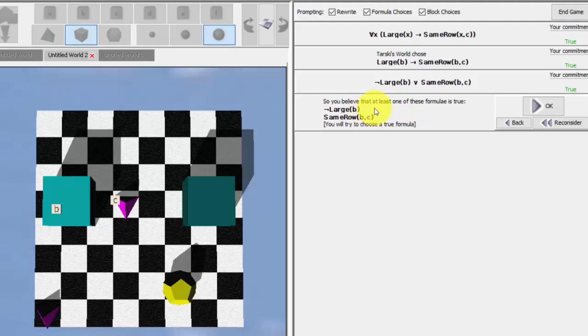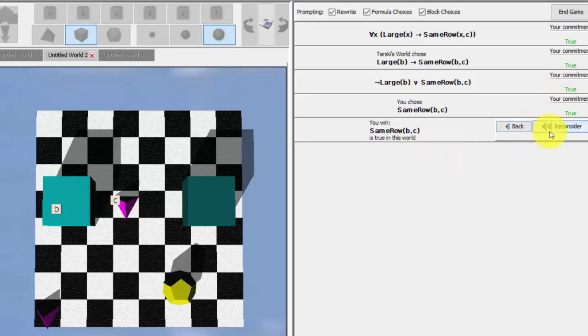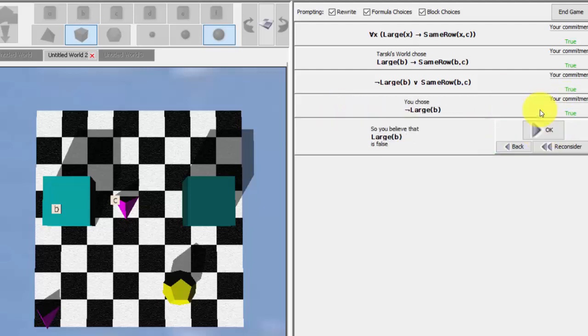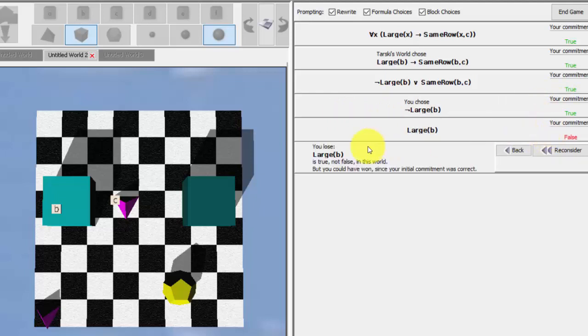Either B isn't large or B is in the same row as C. So I'll try to choose a true formula, and I'm going to pick that B is in the same row as C, since B is in fact large. I win. If I was to pick that B isn't large, I'd lose, but it would let me know that I could have won.